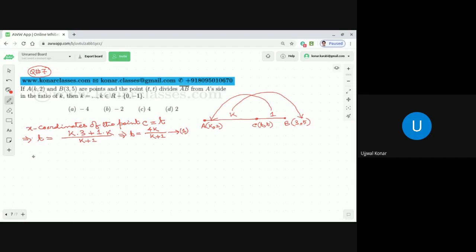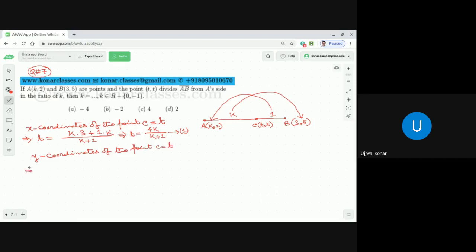Now in the similar manner, the y coordinate of the point C is also t.